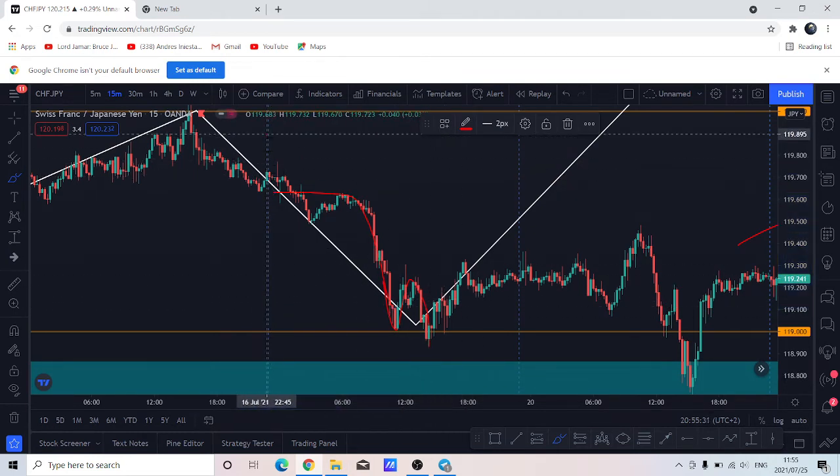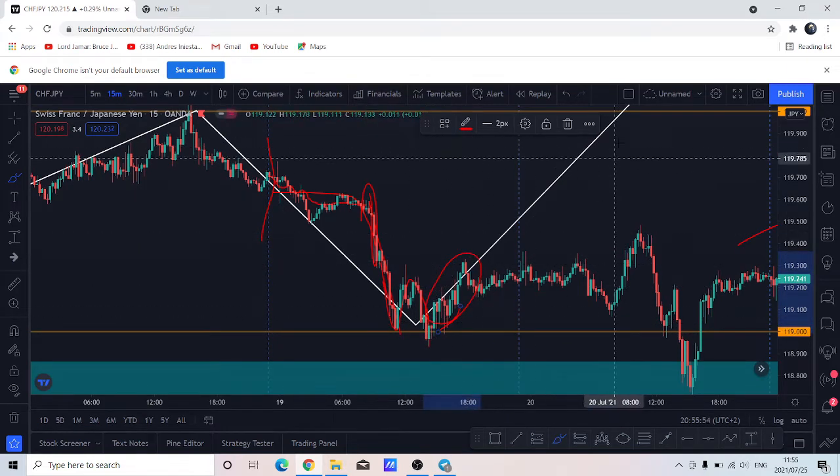Remember, the day started here, made a consolidation, and then London session came here, and then the market went down aggressively, and then here the market was forming to push to the upside for what? For New York session.